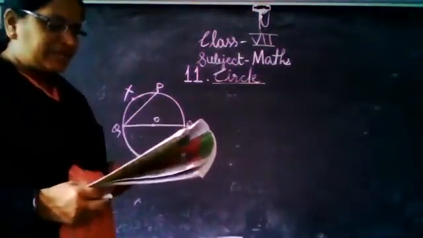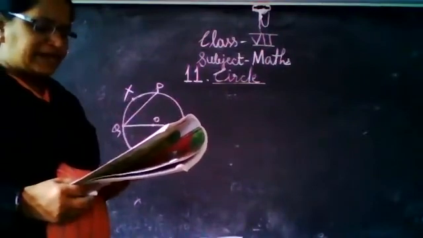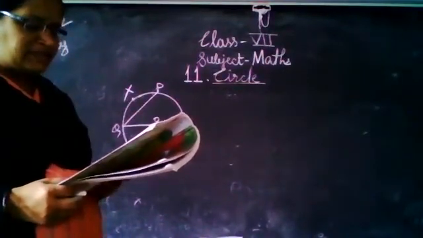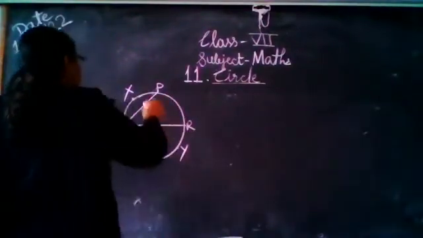Some arcs are shown in the circle with center O. Write the names of the minor arcs, major arcs, and semicircular arcs from among them. So see children, you have to find the minor arc.